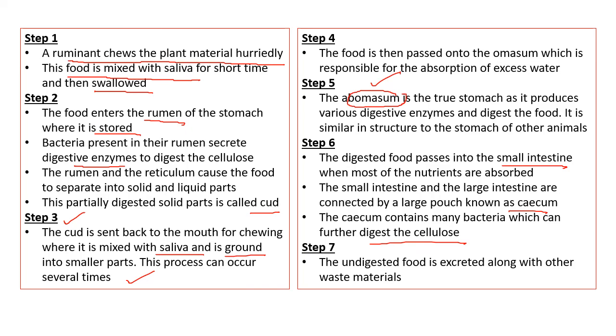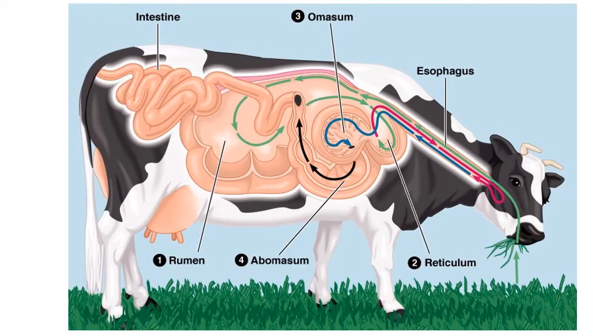Ultimately undigested food is excreted along with other waste material in the form of dung, right? The same thing you can see with the help of this diagram. See, this cow is eating the food without chewing it properly. This green line shows it is going and being stored in the rumen. Later it is brought back to the reticulum. I forgot to tell you this step.